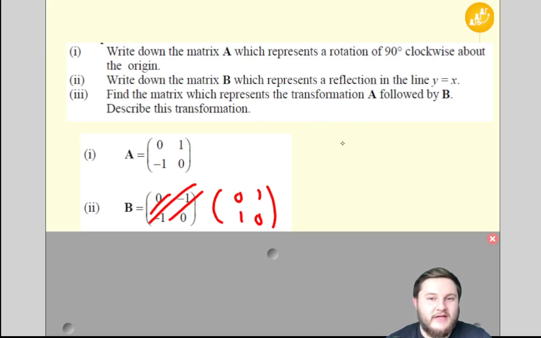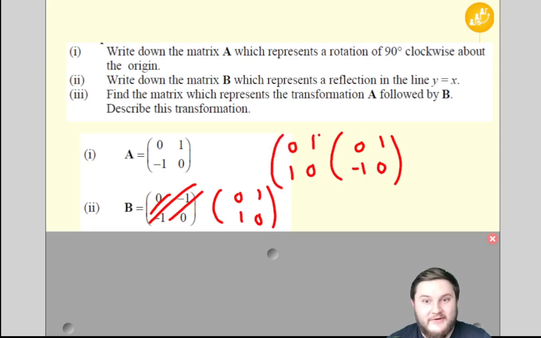Write down the combination matrix. So basically you want to do A on the right, B on the left. So 0, 1, negative 1, 0 and 0, 1, 1, 0. Multiply them together so we get 0 plus 1, which is going to give me 1.